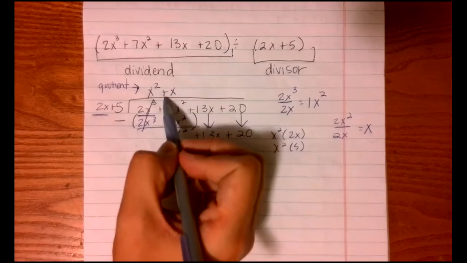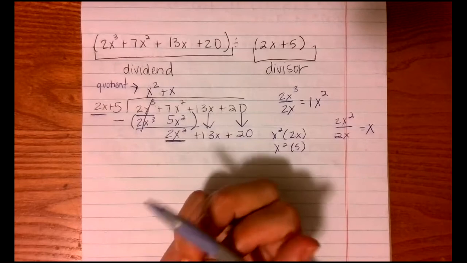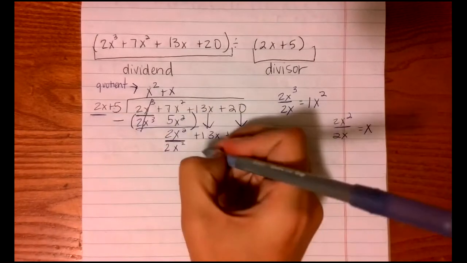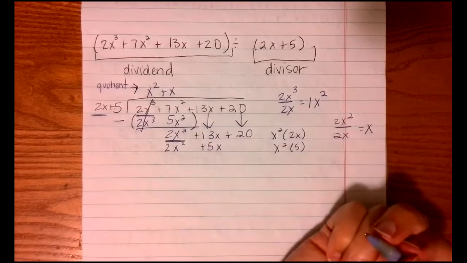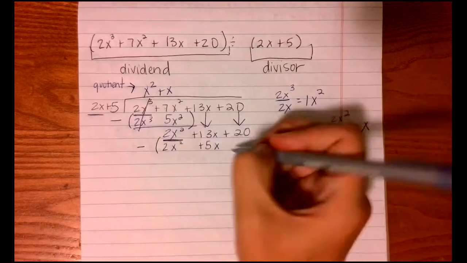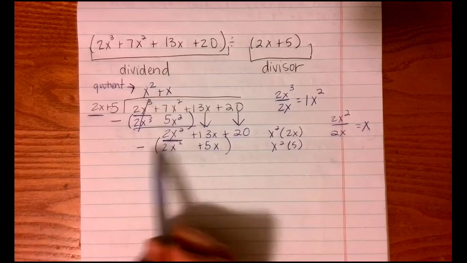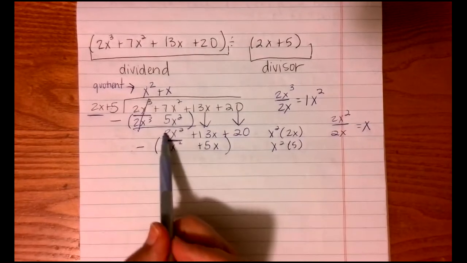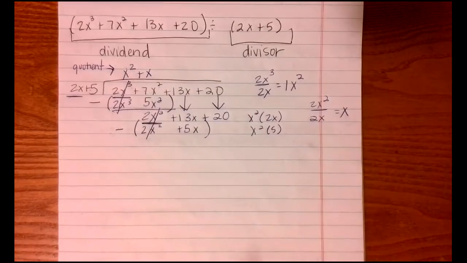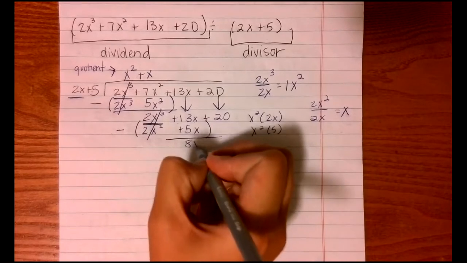Whatever you write on the top, you multiply by both of those terms. So 2x squared plus 5x. And then you are always subtracting, and make sure you draw your parentheses because you want to make sure you're subtracting both of these terms. 2x squared minus 2x squared goes away. 13x minus 5x is 8x.